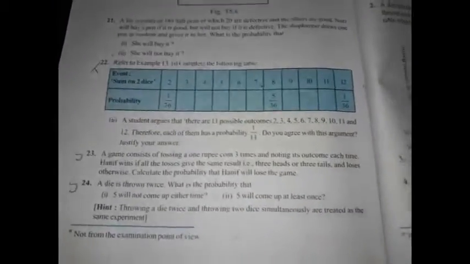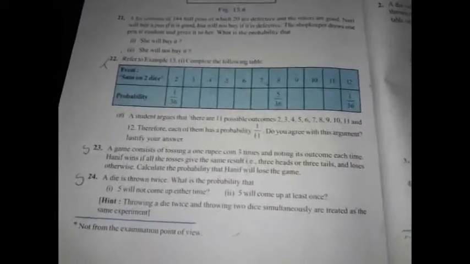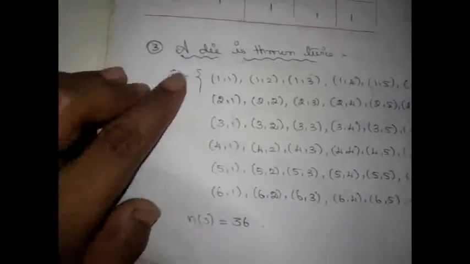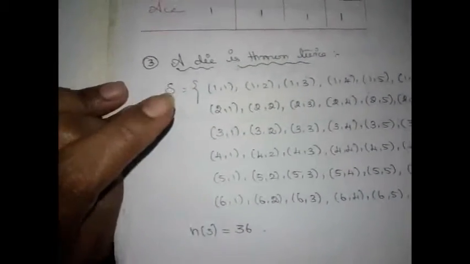Now let us get back to our question. Refer to example 13 and complete the following table. This is what is given in example 13. Your event is the sum of 2 dice, which means the sum of numbers shown on the 2 dice should be equal to 2. What are all the possibilities for the sum to be 2? See, 1 plus 1 will give you 2. Then 2 plus 1 will give you 3, so it will increase.